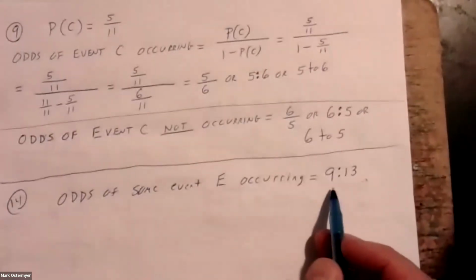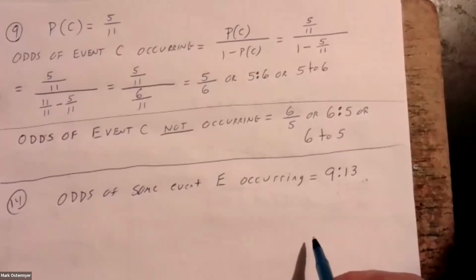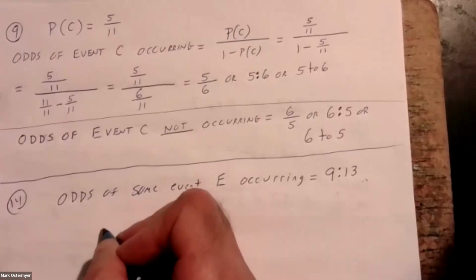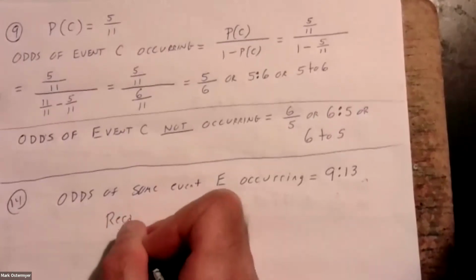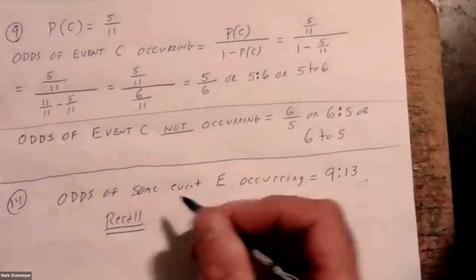How do we convert the odds of this event occurring into the probability of its occurrence? Okay, now we need to recall our formula. And the formula goes like this.